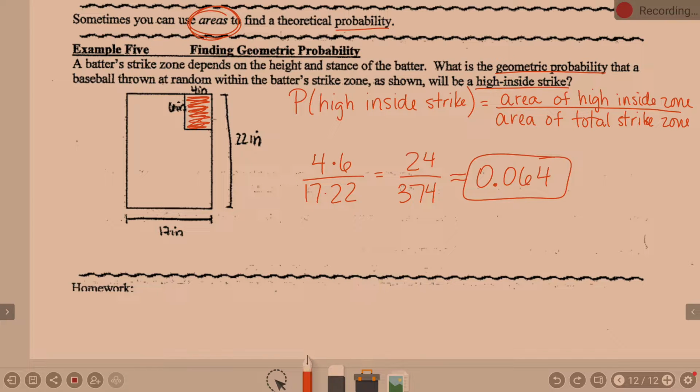Now, did you notice all my decimals today start out 0 point? Your decimal answer should always start off 0 point. Okay, because we're not going to have those probabilities over 1. Just like going back to earlier, the bigger number is always going to be on bottom. Generally speaking, yes.